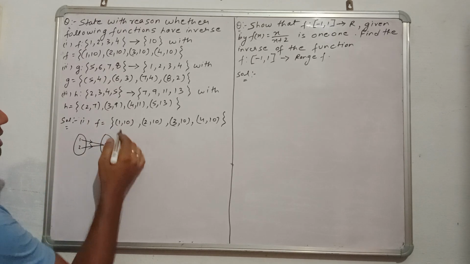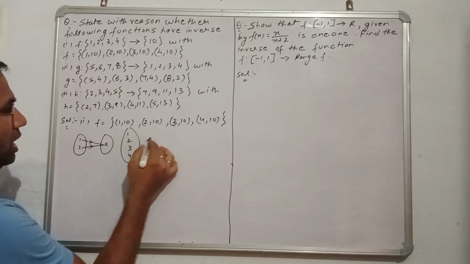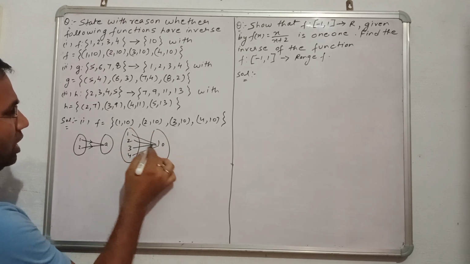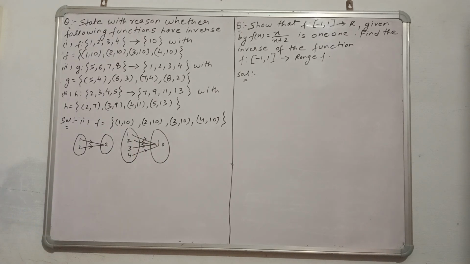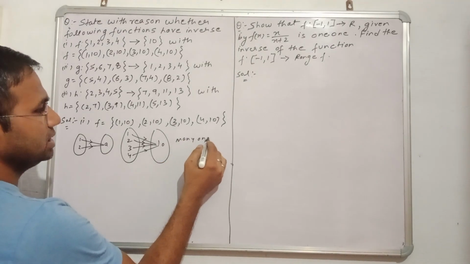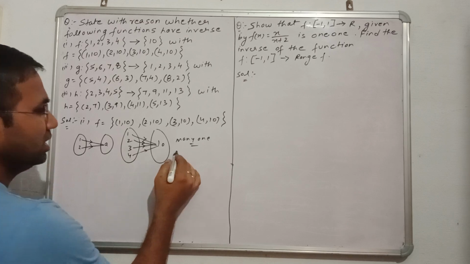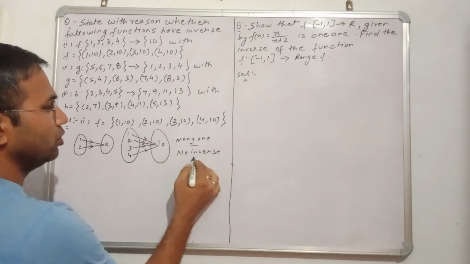So in this you can see 1, 2, 3, 4 all have the same image, 10. So it is a many-one function. If a function is many-one, then there will be no inverse.